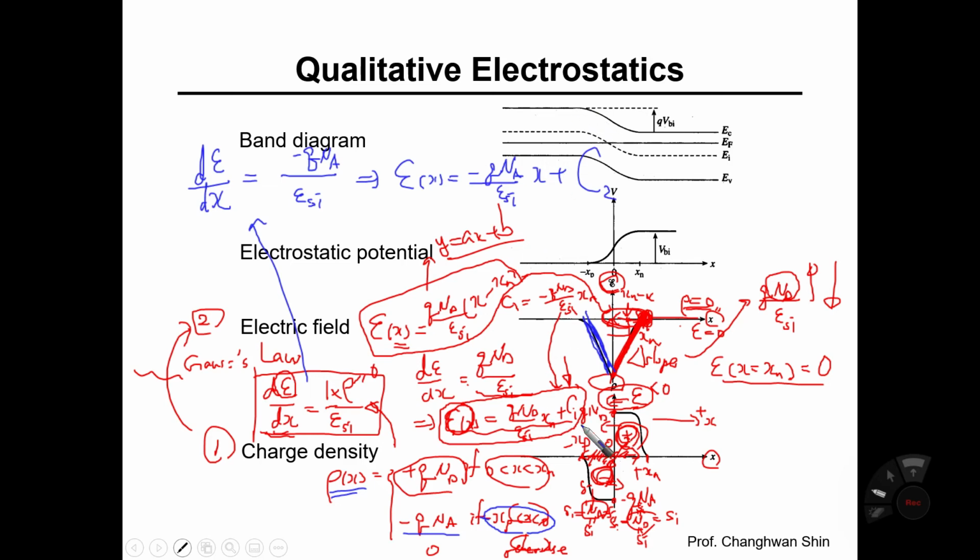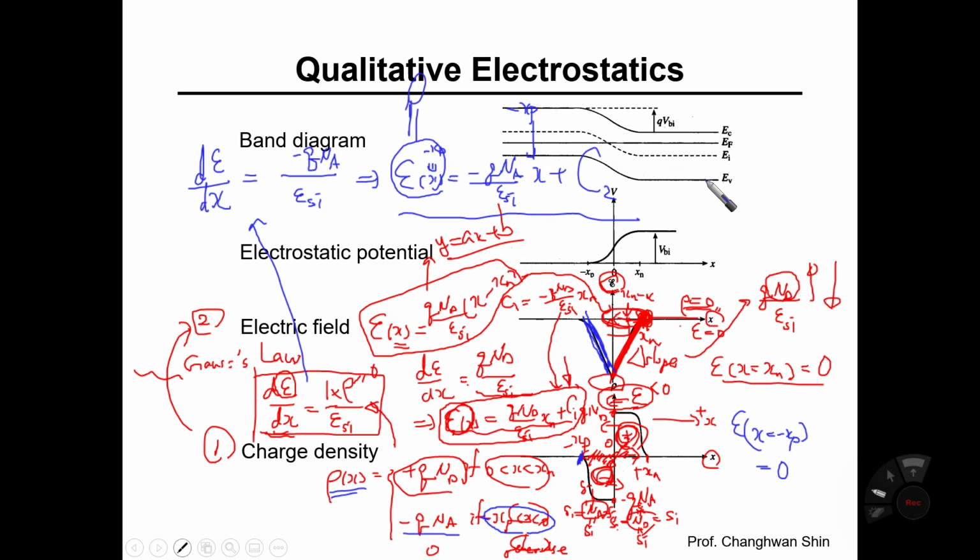Then we should come up with the boundary condition for this equation. So the boundary condition is here. When x is minus xp, the electric field intensity must be 0. So plug in minus xp here and here, then the whole value must be 0.